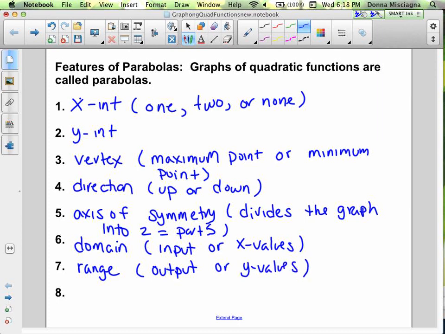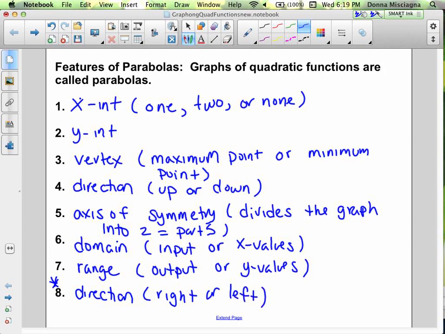The last thing I saved, this last number here, number 8, is something that we're not going to be looking at. But sometimes our parabolas can open in different directions. Besides just up or down, we can also have right or left.